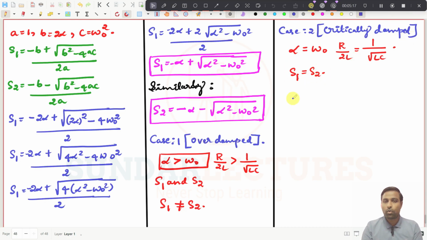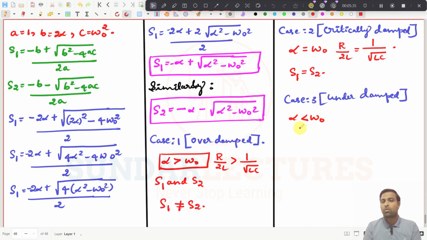And then you go for case number 3, case 3, and this is nothing but underdamped. What is this underdamped condition? See, in this condition, alpha will be less than omega naught, or omega naught will be higher. So this value R by 2L will be less than 1 over root LC.